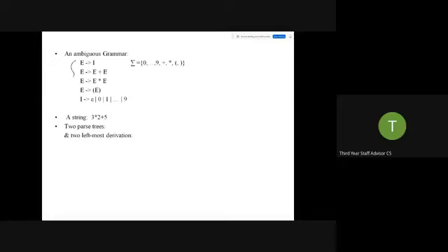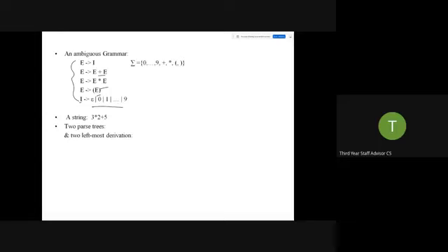Here you will have a grammar which is used for arithmetic operations. This is an expression. As we did earlier, E plus E, E star E, and a parenthesis E, and we have an id to represent the digit as a terminal. So it consists of these terminals.